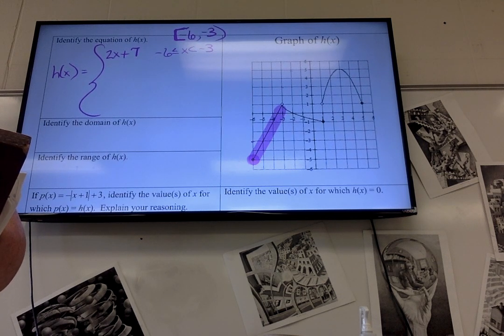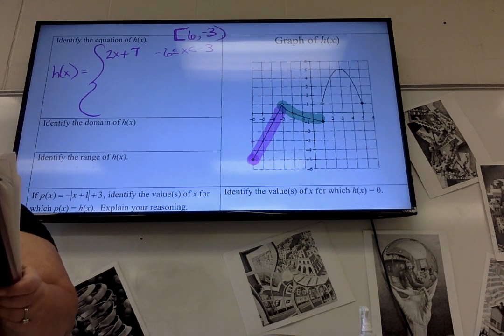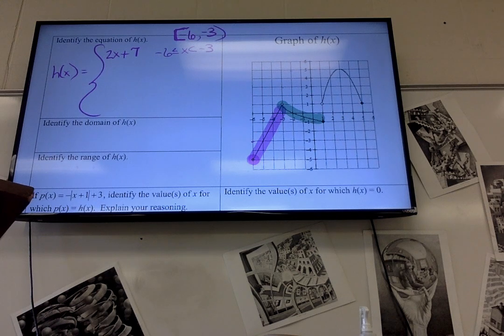Okay, so the next line, that one. That one looks like a square root. It goes from -3 to what? 1. So we would write that -3, it's not included, to 1, which is included.